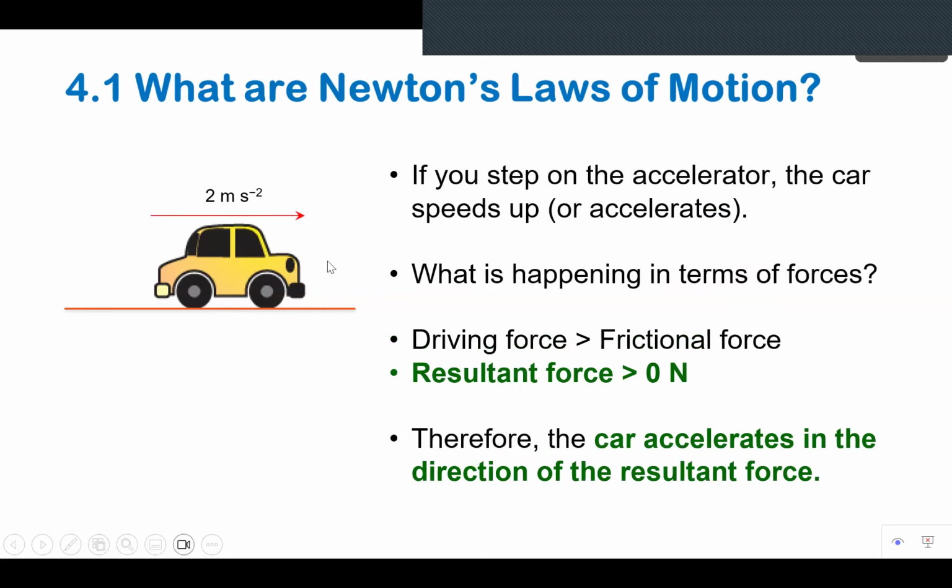And in this case, the driving force and frictional force will not be balanced. If I'm balanced, I will not have an acceleration. But since I am accelerating to the right, my driving force must be greater than the frictional force. So I do have a resultant force, and the car will accelerate in the direction of the resultant force.